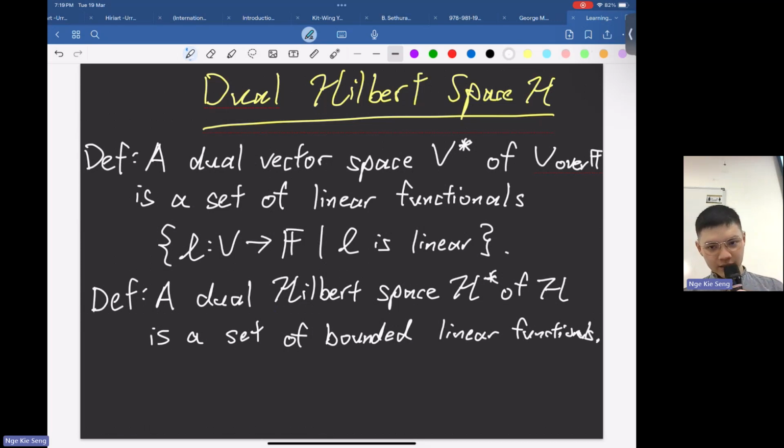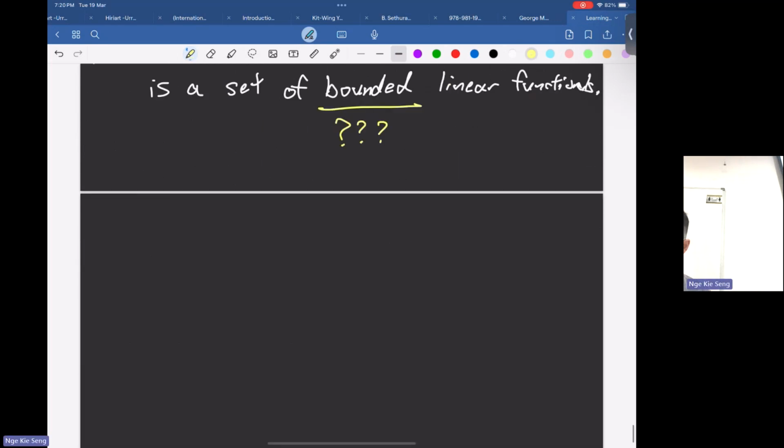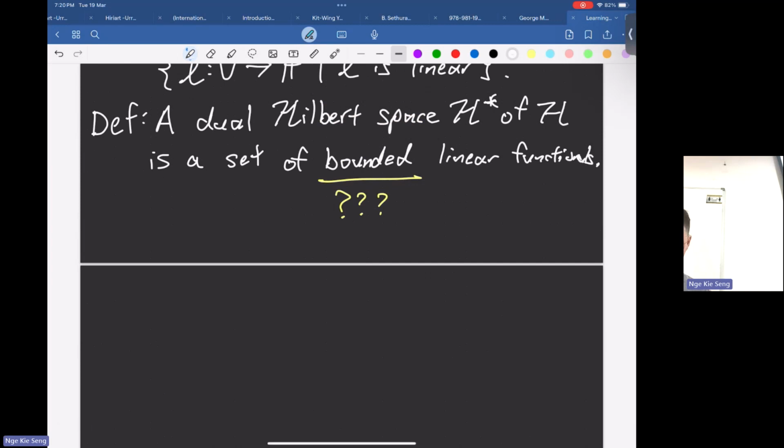How do you bound a map? Any idea? Not quite. So somehow we want to give a length to the linear functional. So let's keep this. We want to define the length of this linear functional.